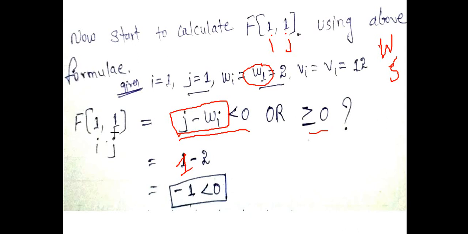Wi value is how much? W1, the value they have given, is 2. So 1 minus 2 is minus 1. Check the condition, whether it is less than 0 or greater than or equal to 0. It is less than 0.